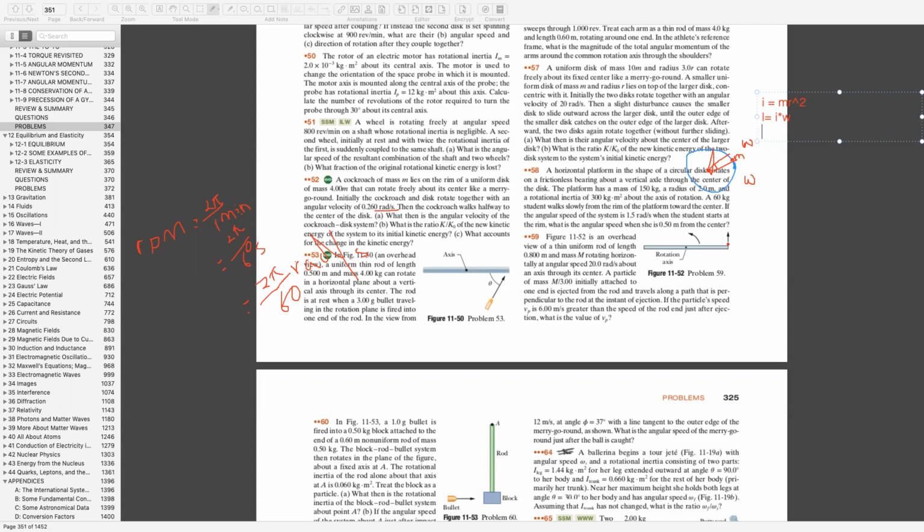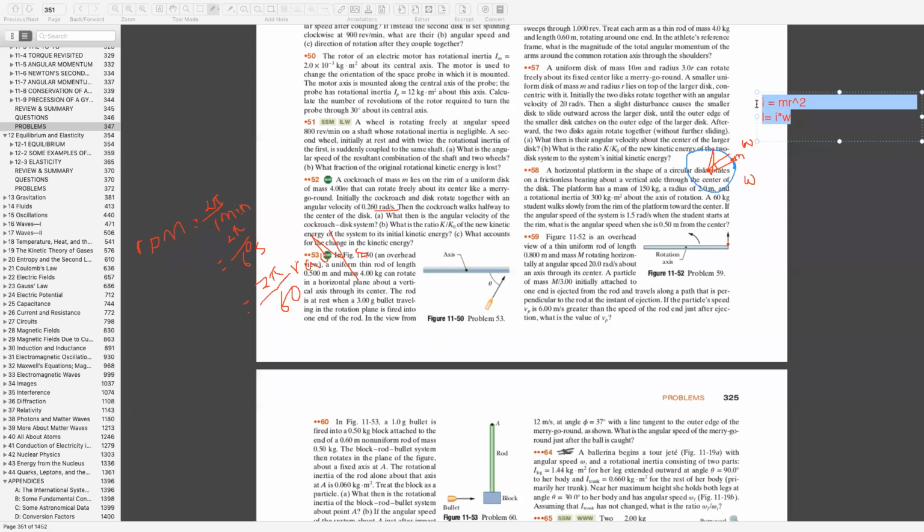This is for the cockroach, and for the disk, the disk doesn't change for the purposes of this equation, so it doesn't really matter.